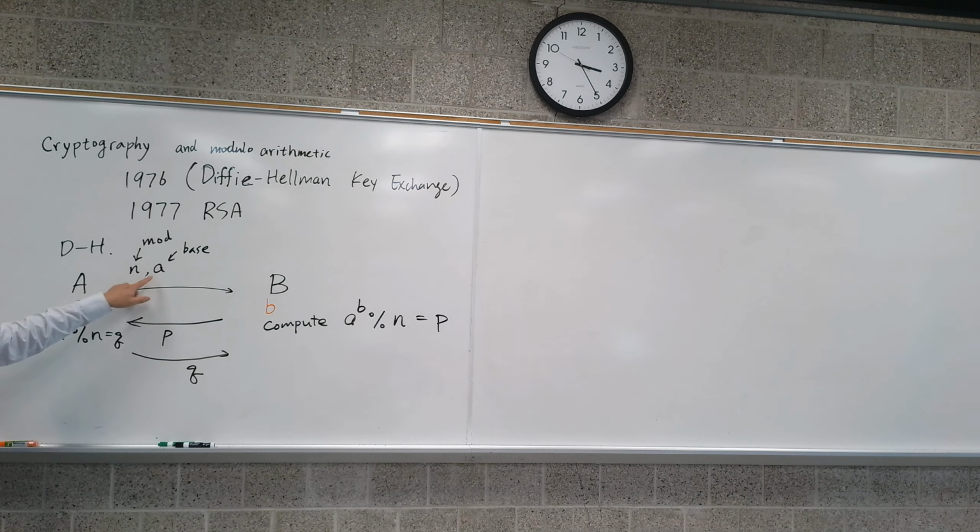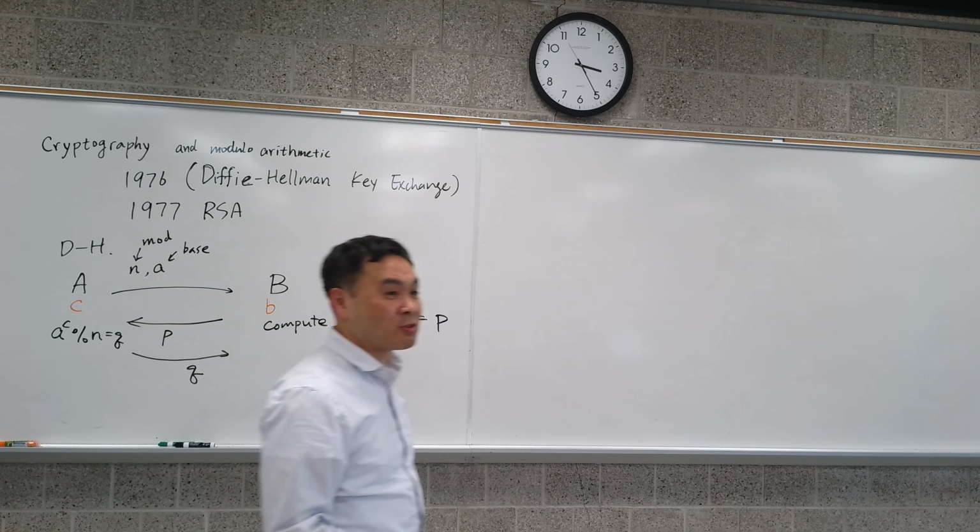So N, A, P, Q are all public. Okay, everyone knows what those numbers are.